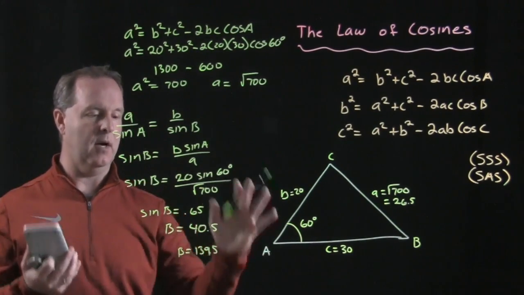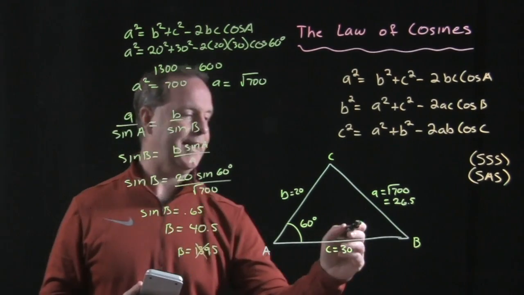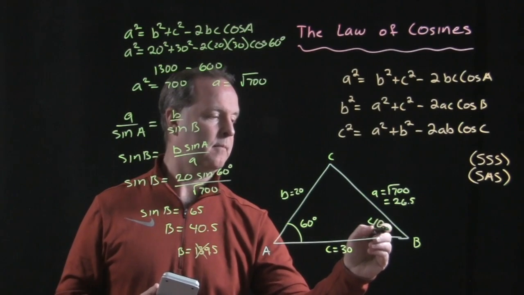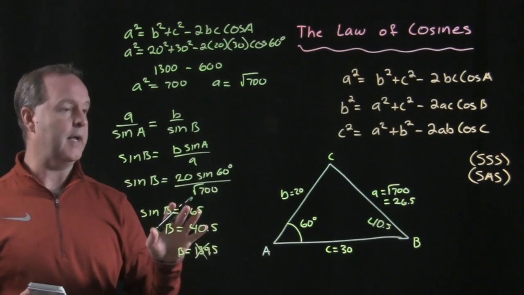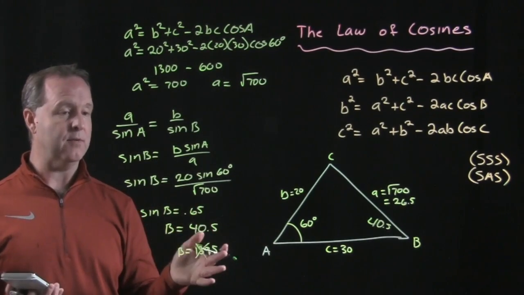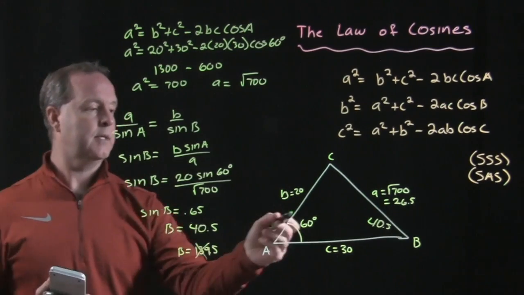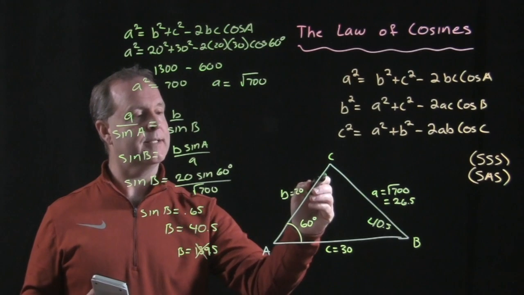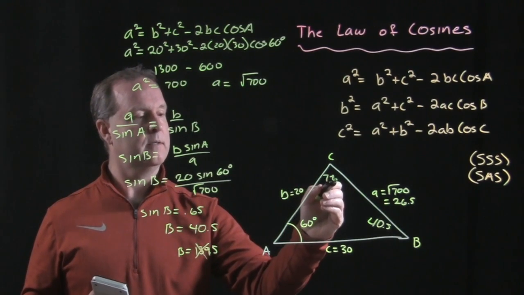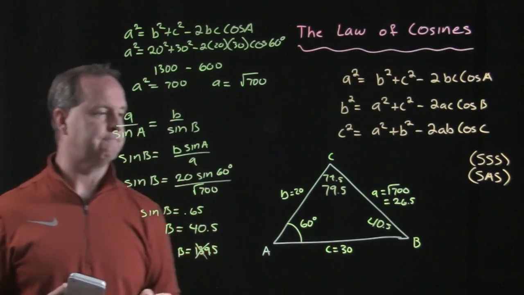Those two combine beyond 160. So I know I only have one angle I'm looking at. So this one has to be 40.5. Notice I have all the sides now, all the sides solved and two of the angles solved. So my third step in the process is just to use the interior angles. 60 plus 40 plus this should equal 180. So that's 79.5. Let's write it better, 79, because we're excited that we got it.